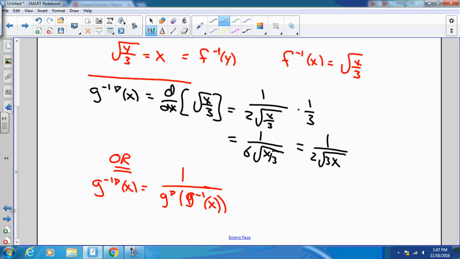And therefore g prime of g inverse is going to be 6 times g inverse. But what is g inverse? It is root x over root 3. And we get the exact same result we got. So there was a two-step process using the inverse function theorem. First, I needed to find what g prime was, and then I needed to evaluate that at g inverse.